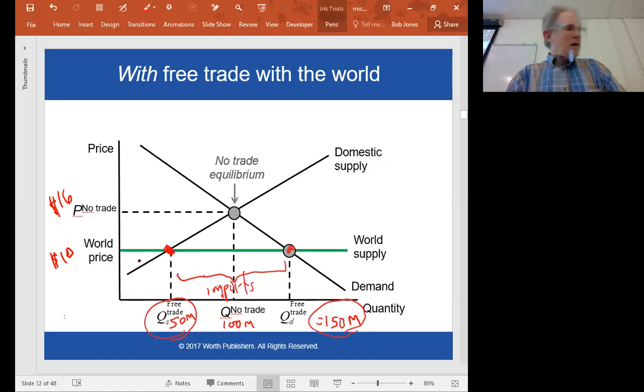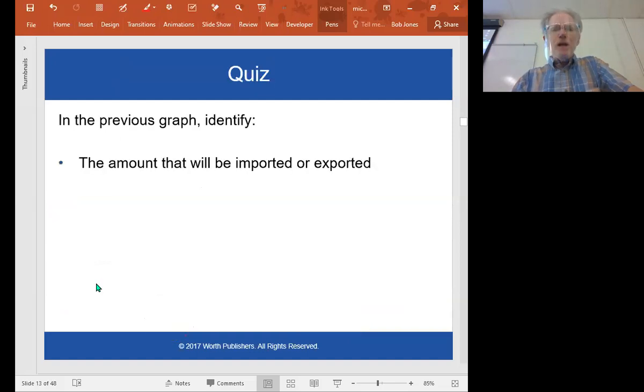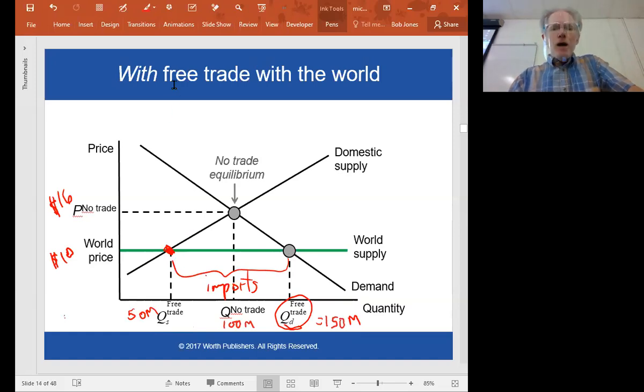And then if the world supply curve were up here, then we'd work through it the same way, but we would have American producers producing more than the American consumers wanted, and the horizontal gap would be the amount that we were going to export. Okay, we're not going to go through that, but it would work very much the same way.